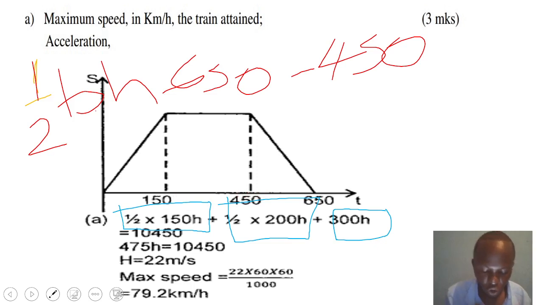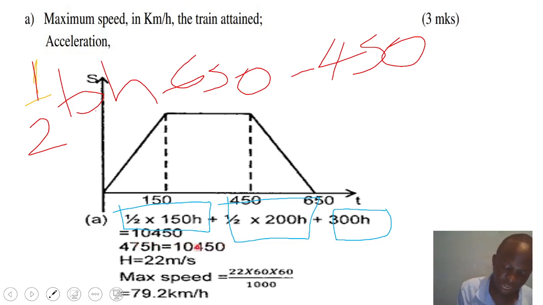Now after knowing all that, we are good to go. But we must remember the total distance is 10,450. So the sum of these areas must be equated to 10,450. After doing all that, the next step is equating that.